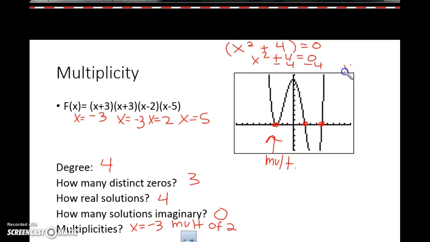If you subtract 4 and take the square root of that negative, that would give you plus or minus 2i. So that's how you could get those imaginaries to pop out. And that's actually what we're going to be doing tomorrow. A little sneak peek of tomorrow.